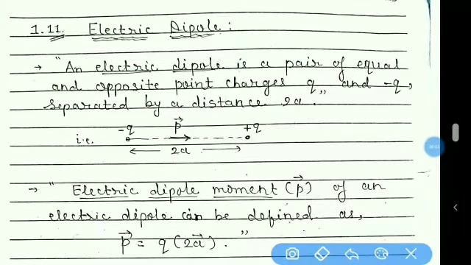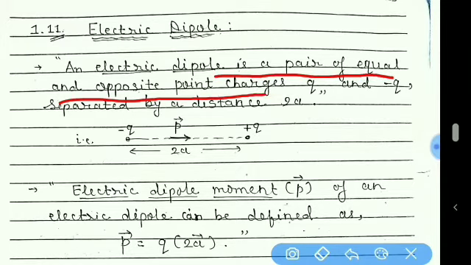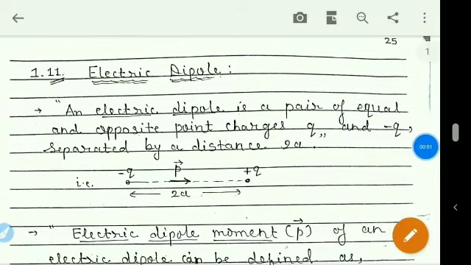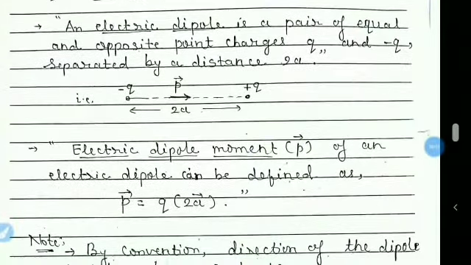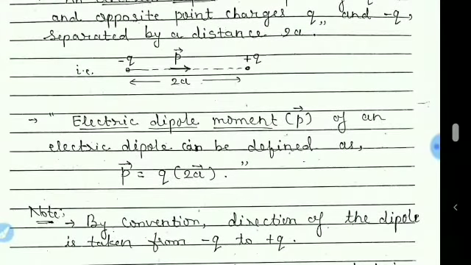So now we can define an electric dipole as a pair of equal and opposite point charges, q and minus q, separated by distance 2a. Now a new physical quantity called electric dipole moment can be defined as p is equal to q into twice of a.